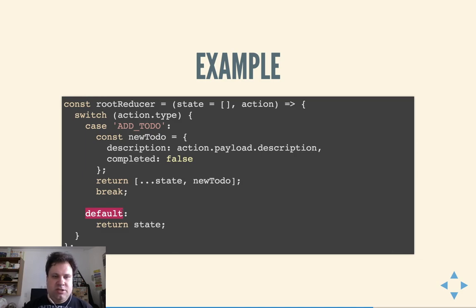Remember, Redux is going to initially call this root reducer with undefined for both the state and the action, and in that situation the default value is going to be assumed for the state, and we're going to go straight to the default branch of the switch, in which we're going to return that state, which is an empty list. This way you see the code flow for generating the initial state of the application as an empty list.